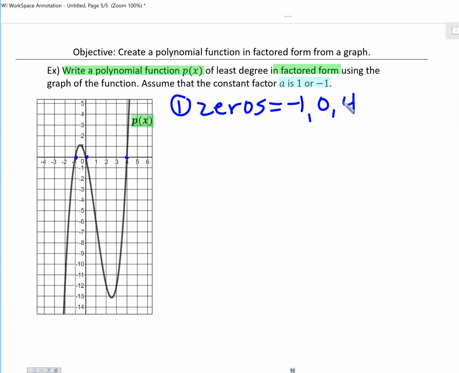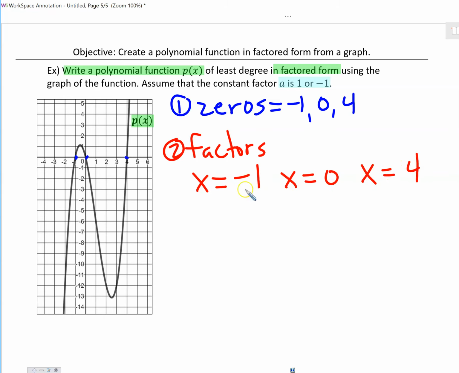So what we're going to do now is work backwards from these zeros to find the factors. So we use the concept that zeros are values of our independent variable x. So x equals negative 1, or x equals 0, or x equals 4.